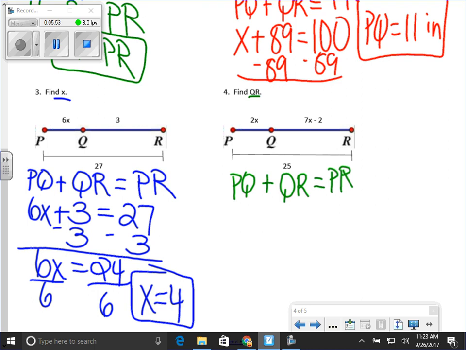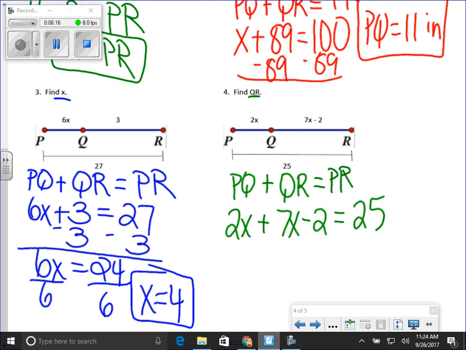All right, so how long is PQ? It's 2x. Plus how long is QR? 7x minus 2. And how long is PR? 25. So once I set up the initial statement representing the picture, I just plug in the information that they gave us, right?